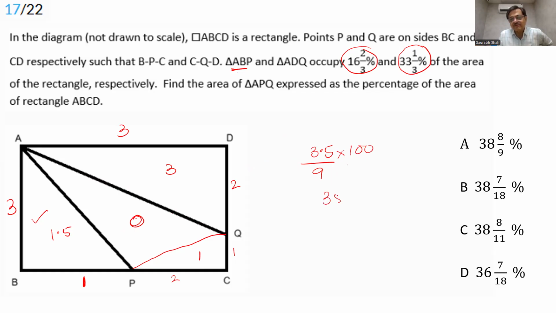So we have 350 divided by 9. Start dividing. 9, 3, 27. And we have an 8 as a remainder. 80, 9, 8, 72. And the final remainder here is 8 by 9. So the correct answer is option A. Option A is the right answer. 38, 8 by 9 percentage.